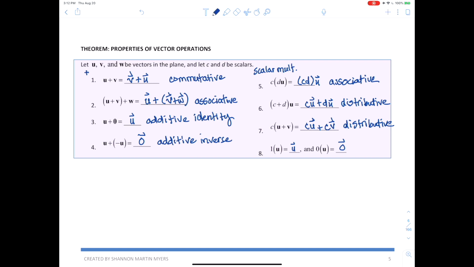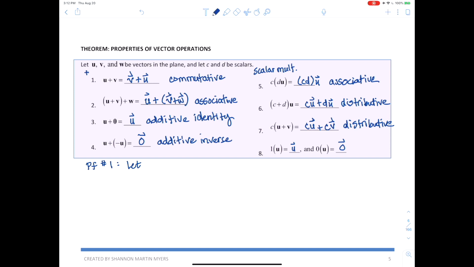Okay, so now, I don't know, we can do a little proof of one of them. I don't know if we have any preferences here. Why don't we just do commutativity? So we'll do the proof of number 1. And you'll probably see all these proofs in linear algebra too. So here we go. We need 2 vectors, right?